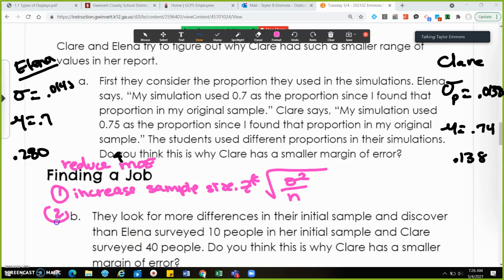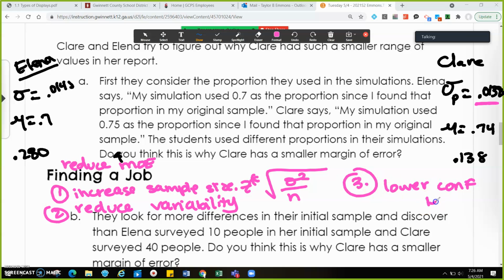You can reduce variability, which is what happened here. Since our standard deviation is smaller for Claire, we're reducing our variability. Or we could lower our confidence level. That's also something that you're going to see. So: increase sample size, reduce variability, and lower confidence level.